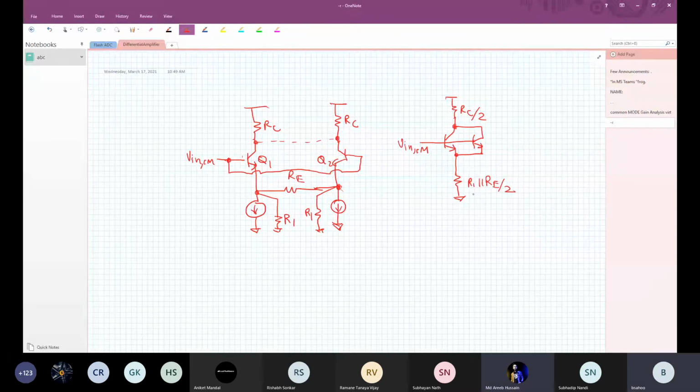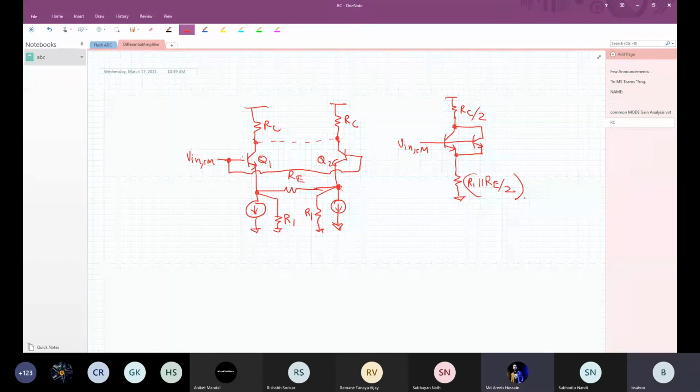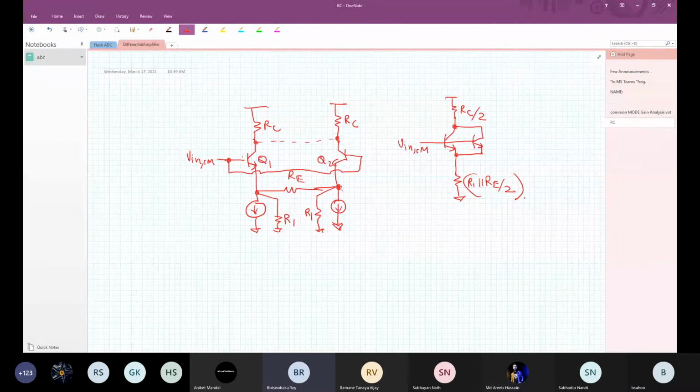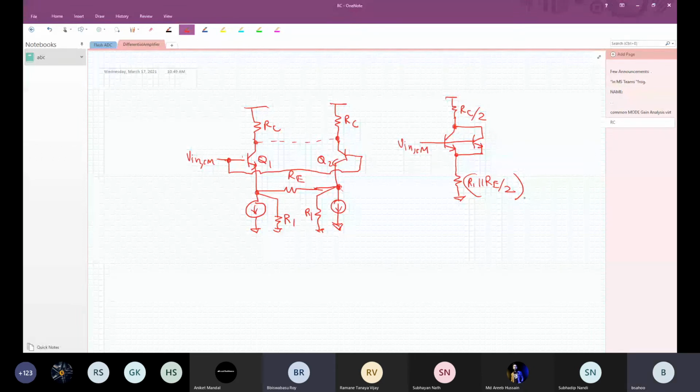Sir, can we short the emitters of the two transistors? There should be one RE. Should there be an RE?